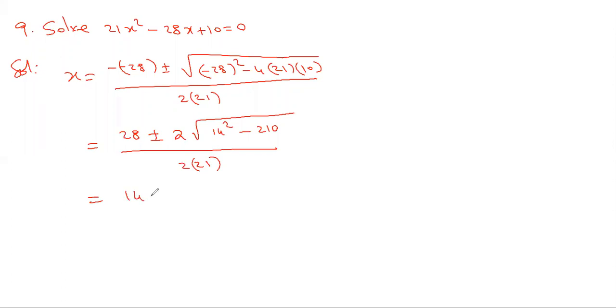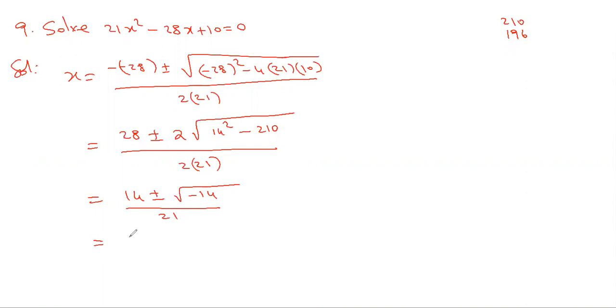So this becomes 14 plus minus root of 14 square is 196, no? 196, 210. So the 14 again, minus 14 by 21.